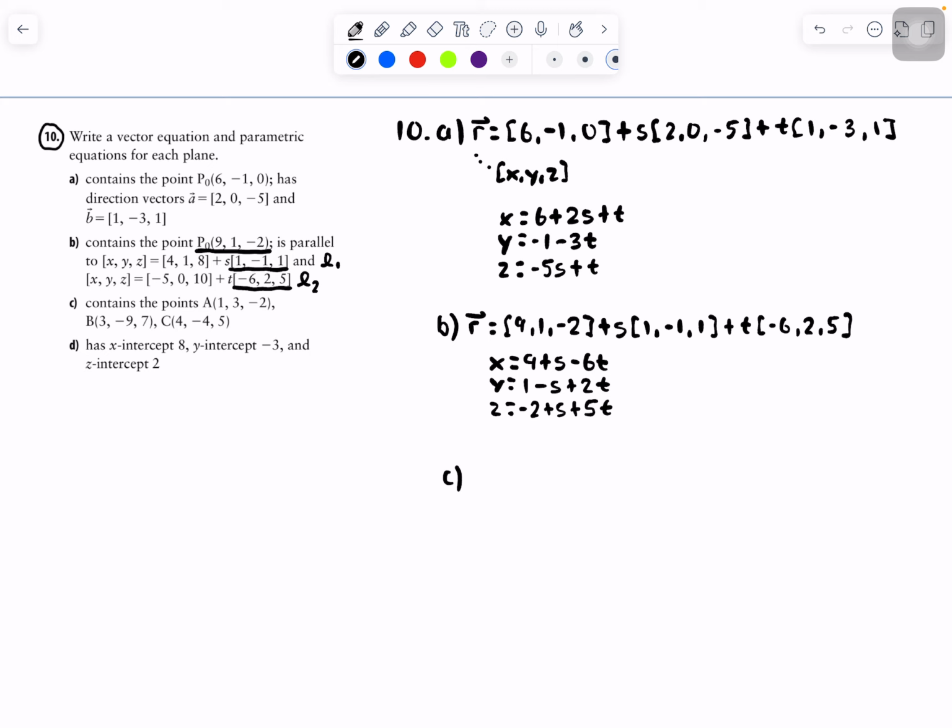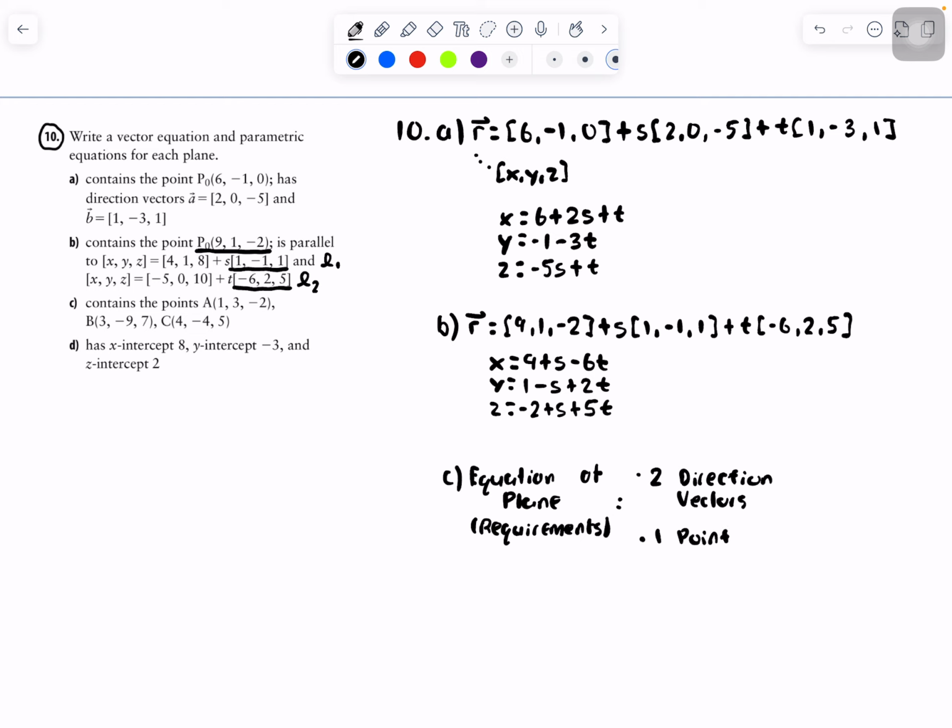Okay, so this problem is quite a bit unique. Again, for the equation of a plane, the requirements are 2 direction vectors and 1 point.